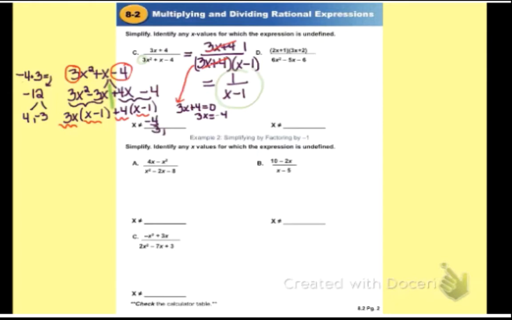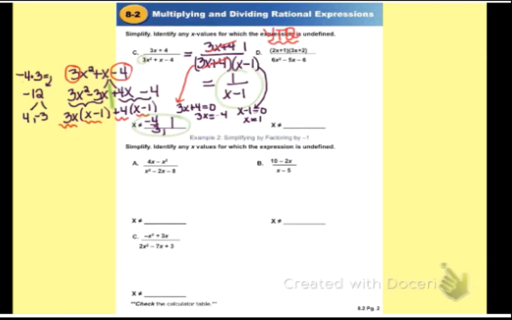And the other thing that would make the denominator 0 would be whatever makes x minus 1 equal to 0, and that, of course, is 1. So the two values that I cannot have for x are negative 4/3 and 1. So my answer would be 1 over x minus 1, and the exclusions are that x cannot be negative 4/3 and also cannot be 1.